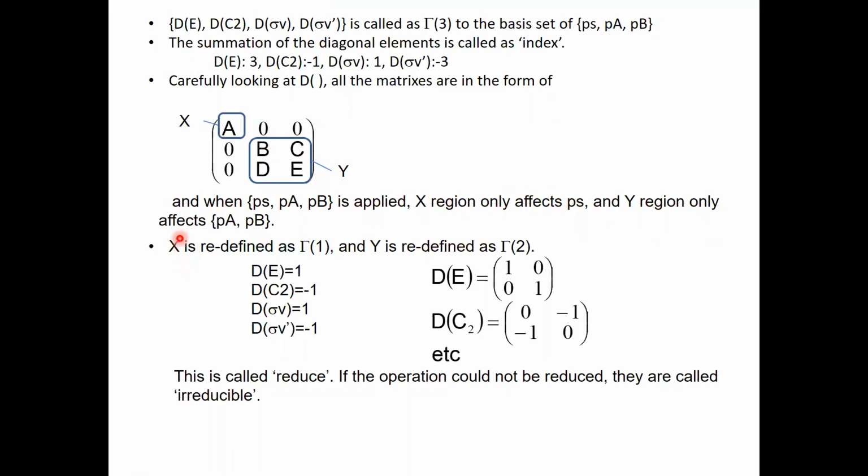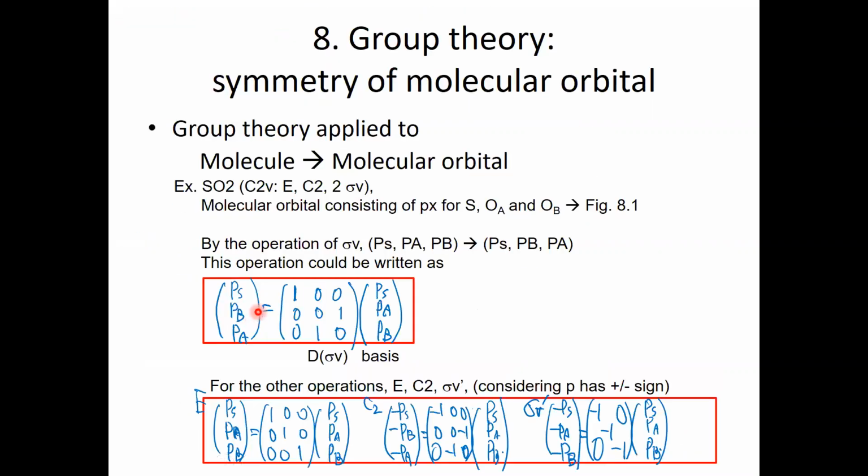And now the X is redefined as gamma 1, because we just pick up the number of the change of the PS orbital, right? This value. The E operation is 1, the C2 operation is 1, the sigma V operation is minus 1, the sigma V dash operation is minus 1, right?